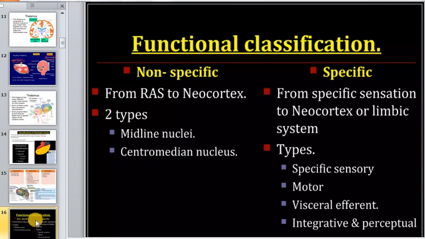So, next, functional classification. We said that we have specific cells and non-specific cells in the thalamic area.